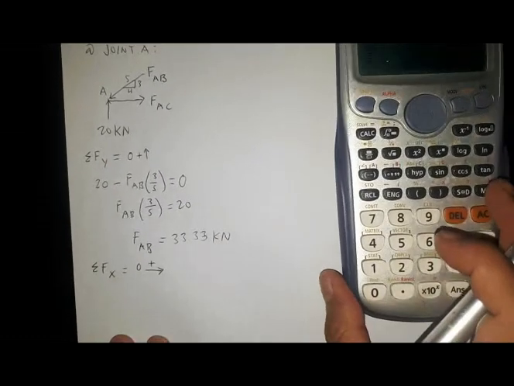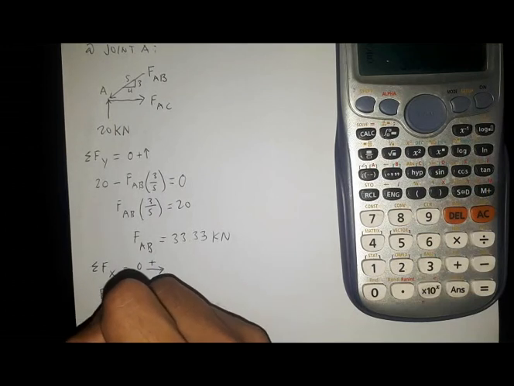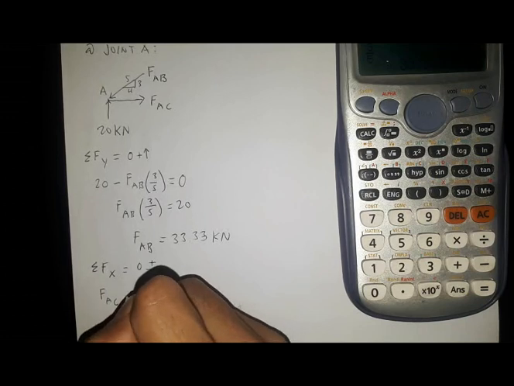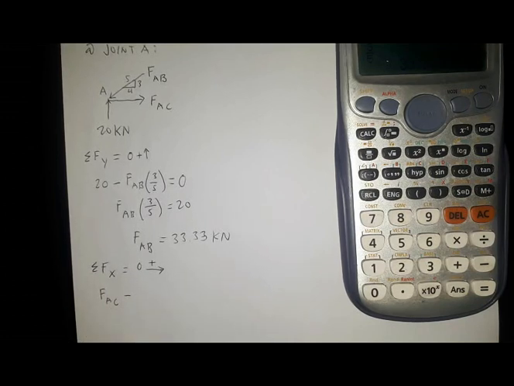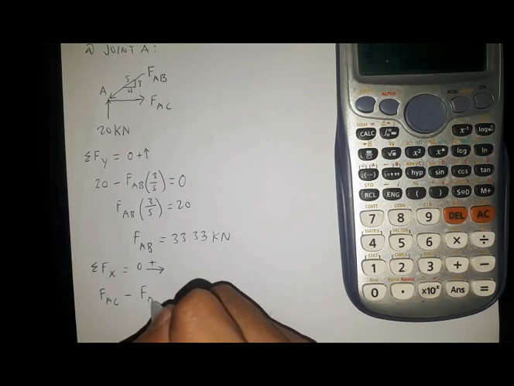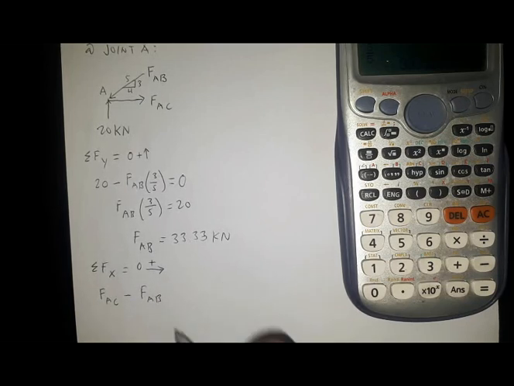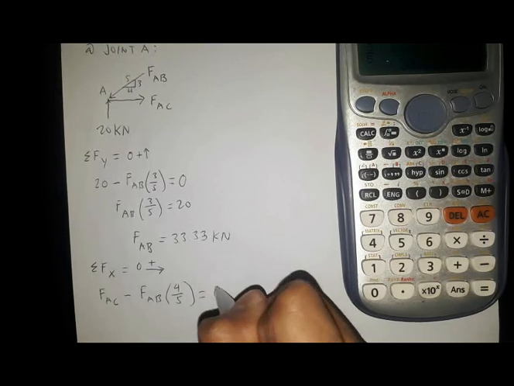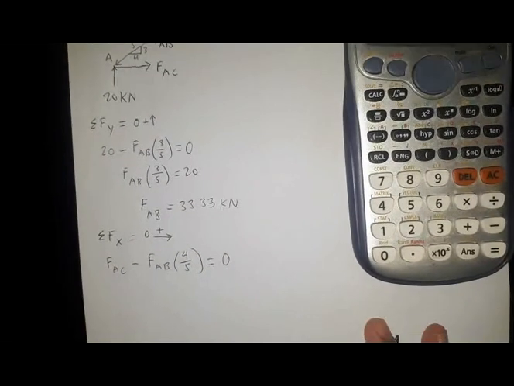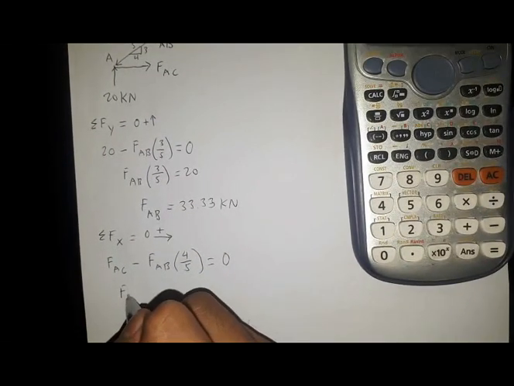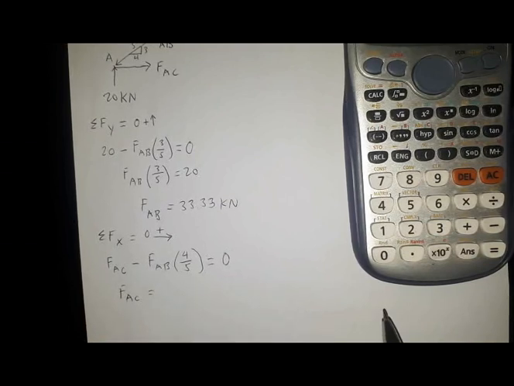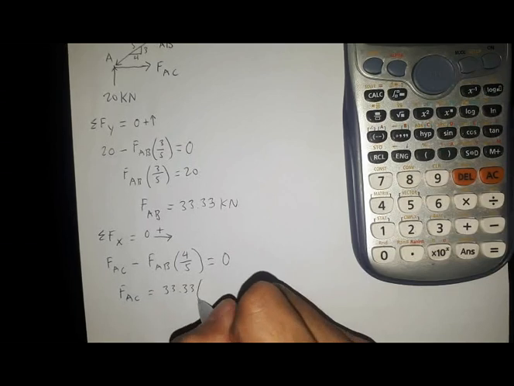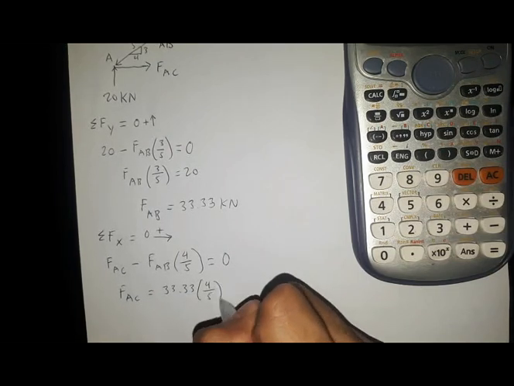So we have here force of member AC minus force of member AB multiplied by the X component of 4 over 5 equals 0. So we have force of AC equals, the force at AB is 33.33 times 4 over 5.